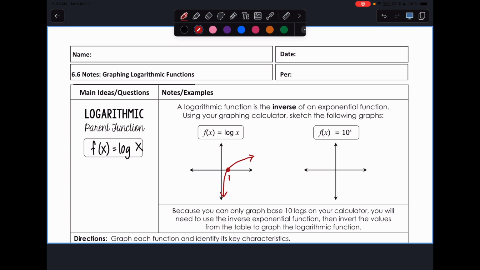It's always the inverse function to an exponential function, base 10 to the x power. So whatever base it is, it's going to be exponential.